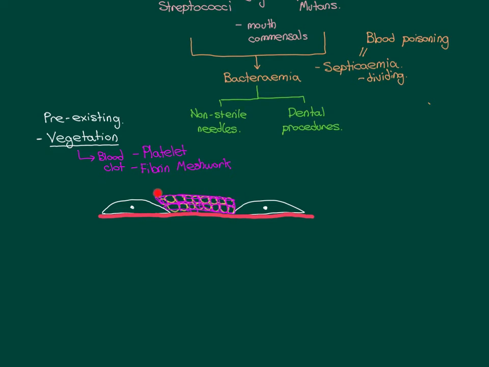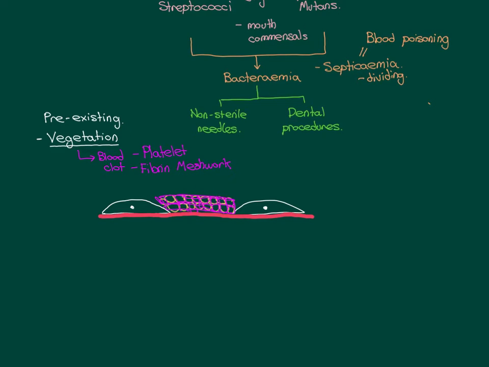Now, this thing is not so good at stopping bacteria from sticking to it. So these streptococci, these viridans streptococci or these Staphylococcus aureus bacteria, they can stick to this thing. They can't stick to the apical surface of the endothelial cells, but they can stick to this pre-existing vegetation.